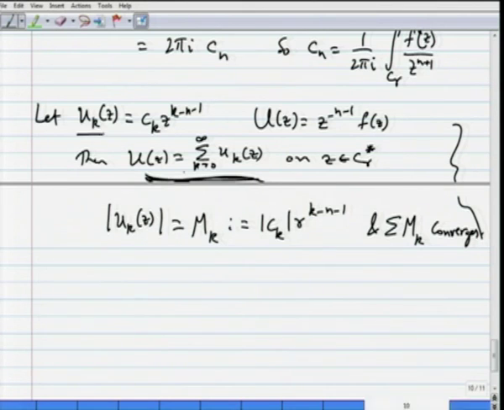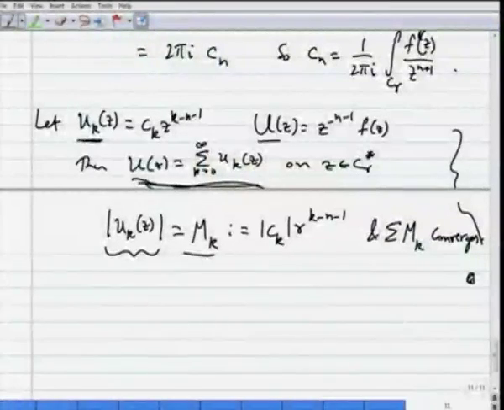You have sigma u k converging to u of z, and u and the u k's are all continuous. Further, the modulus of u k of z is less than or equal to m k. Actually, it is equal to this m k, and sigma m k converges.